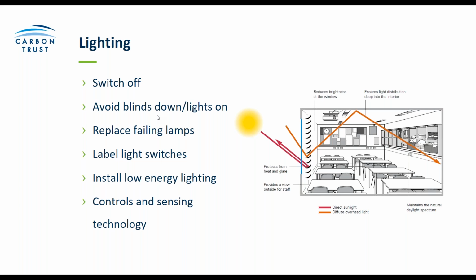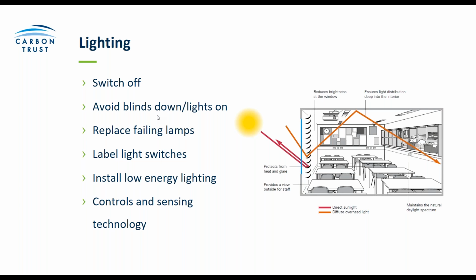Then we would look at things like avoiding a fairly similar scenario that we set out on the slide here, where we see classrooms and offices as well, actually, where blinds are quite often used to control the glare that's coming in from outside when it's relatively bright.